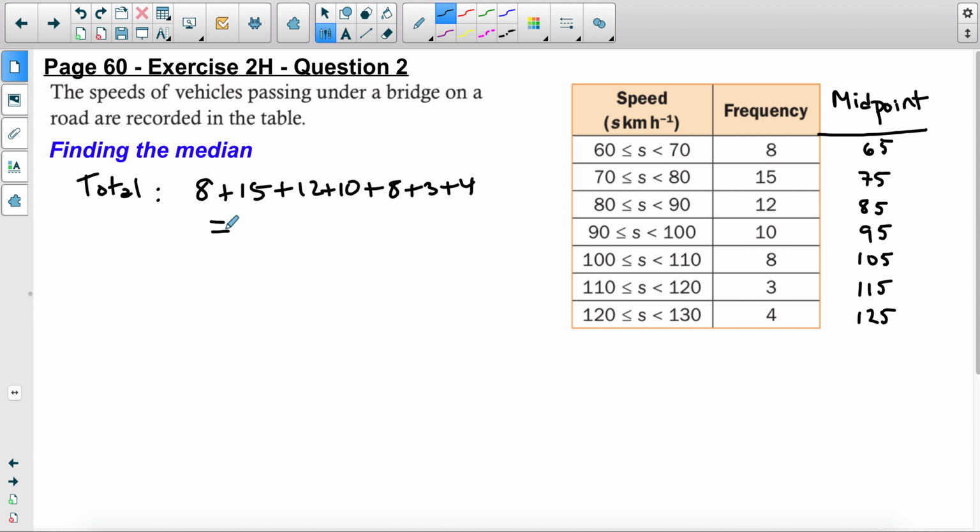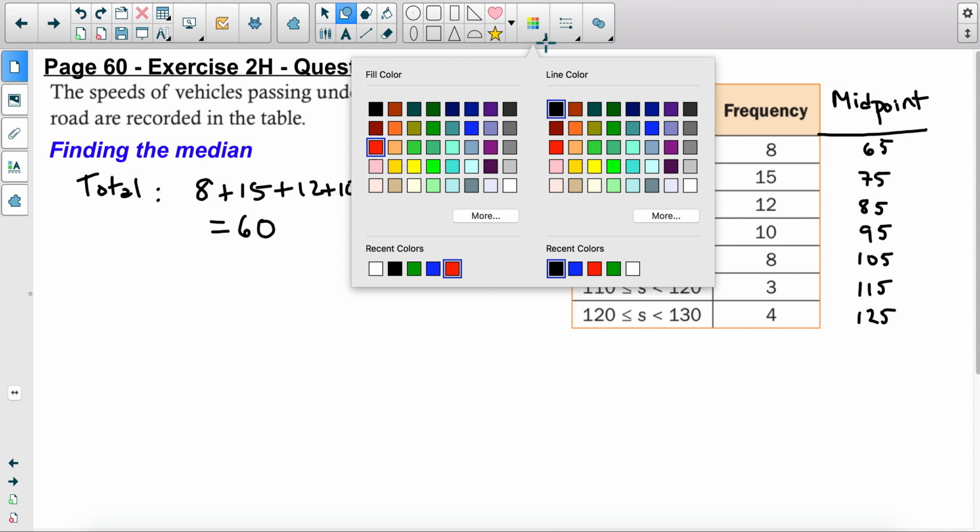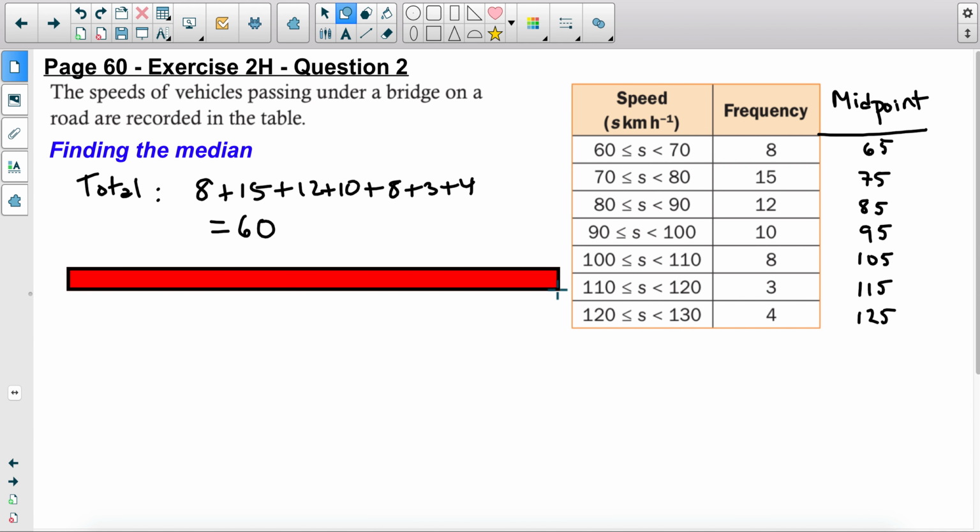You can quickly plug this into a calculator, and that should give you 60. So again, I'm going to represent this using a bar demonstration. So this represents my 60 pieces of data. Any numbers in here would lie in the beginning, and then 70 to 80, 80 to 90, 90 to 100, etc. until I've nicely laid out 60 pieces of data.